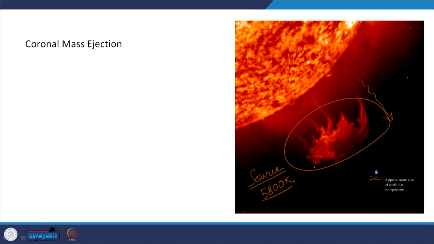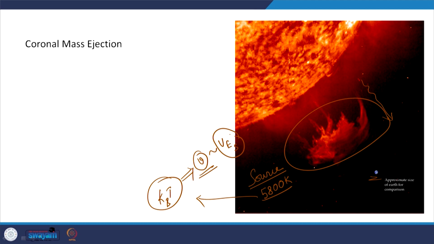What I am trying to say in terms of simple thermodynamics is that you take a source of energy, you heat gas at 5800 Kelvin, you calculate the amount of energy from this, and then you convert this energy into the velocity of the gas molecule. This velocity will not be of an order that reaches the escape velocity of the sun. That eventually means that there are other processes which are able to send plasma at velocities more than the escape velocity. Okay.